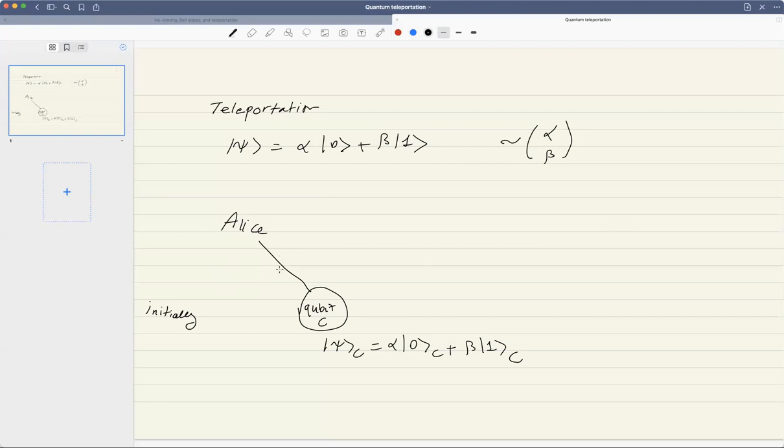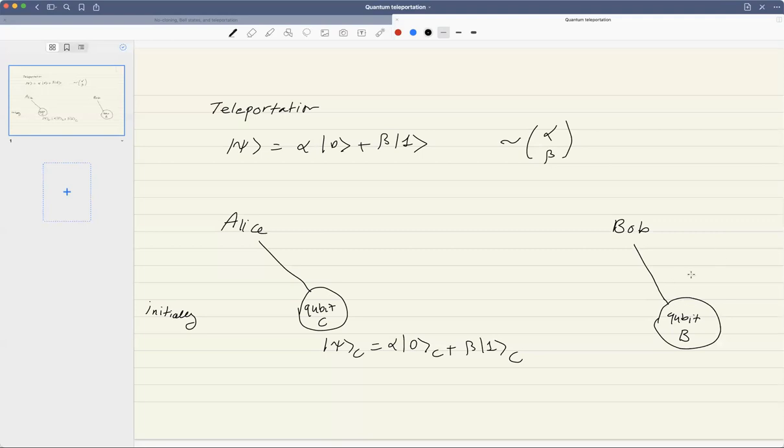Furthermore, there is another party that has access to another qubit. Let's call him Bob. So Bob has access to a qubit B. And we're going to talk about what it is initially.